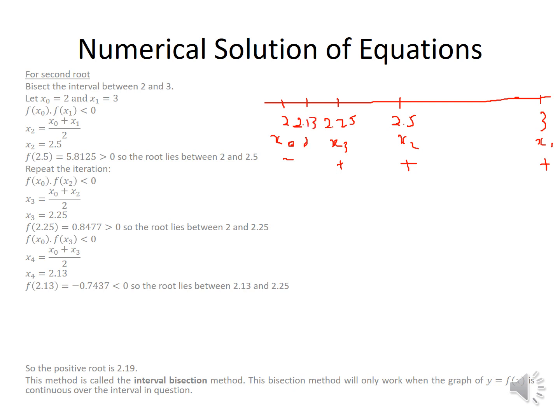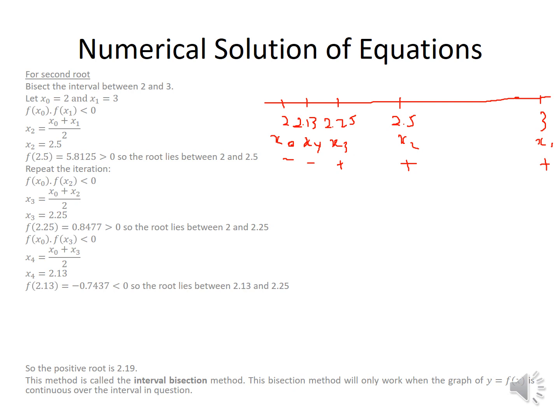This is x4 and the value is negative. And you substitute into the original function, we found that the value is -0.7 and the value is not less than 0.1.